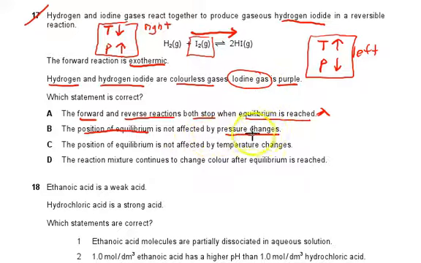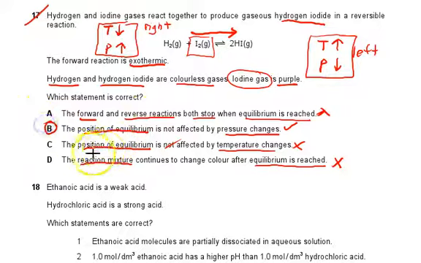Position of equilibrium is not affected by temperature change. Yes, it is affected. The reaction mixture continues to change color after equilibrium is reached. No, they remain at a certain level of purple. So here you will have B as your best answer.